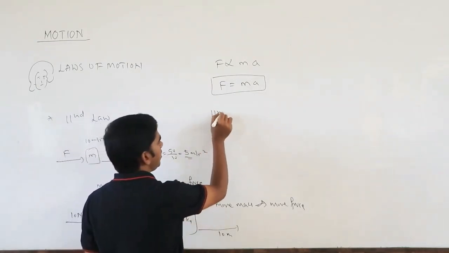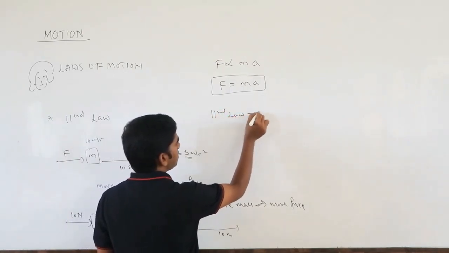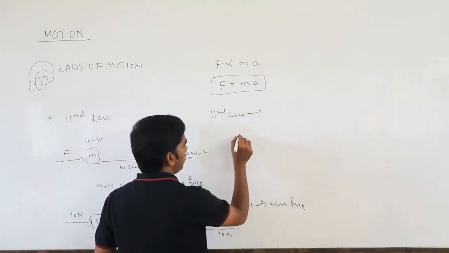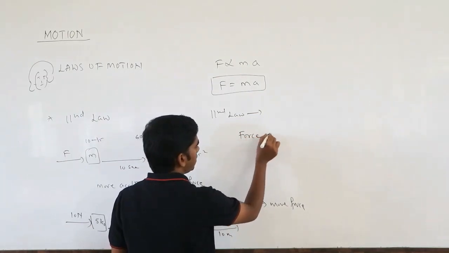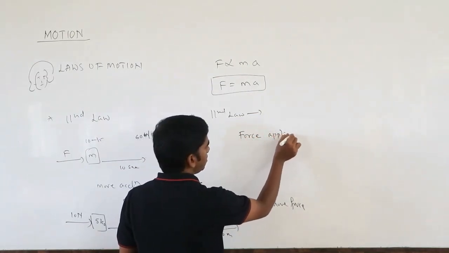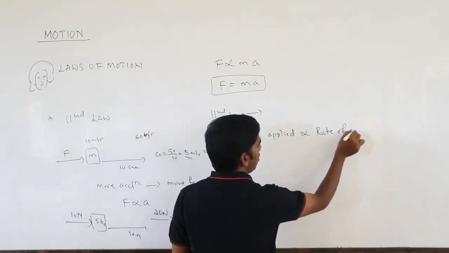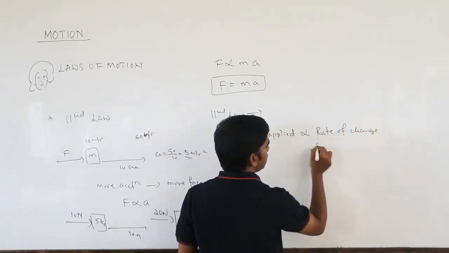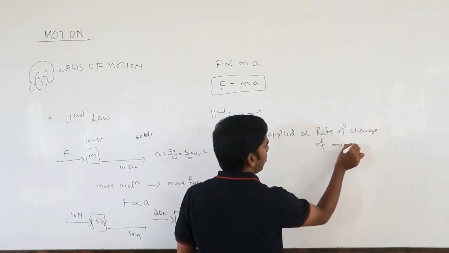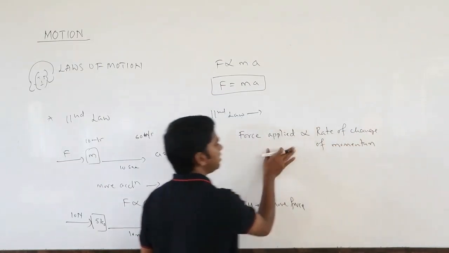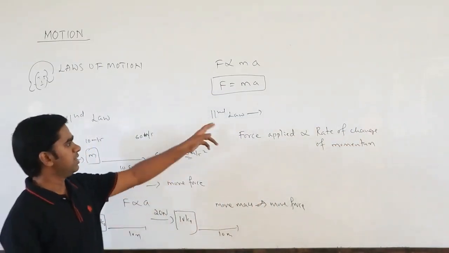Second law is saying the force applied is directly proportional to the rate of change of momentum. You must have heard this definition. So what is the definition of the second law?